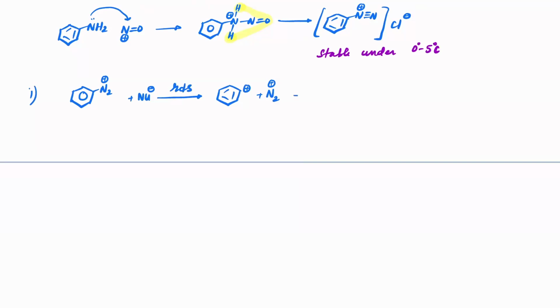And thereafter, the nucleophile will attack. So, in the first step, it is not attacking. In the second step, the nucleophile will attack, thus giving this product, right?